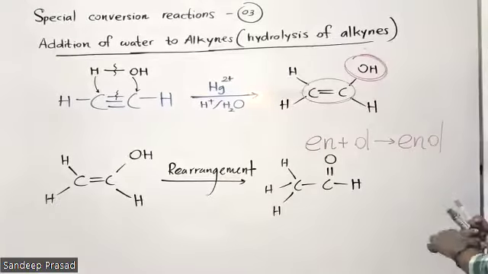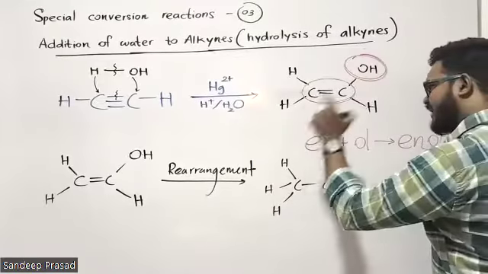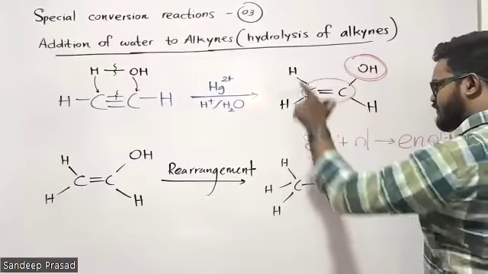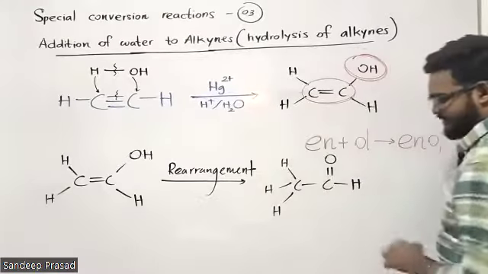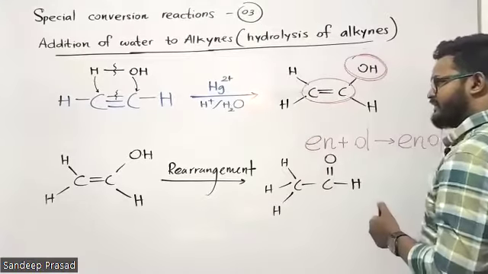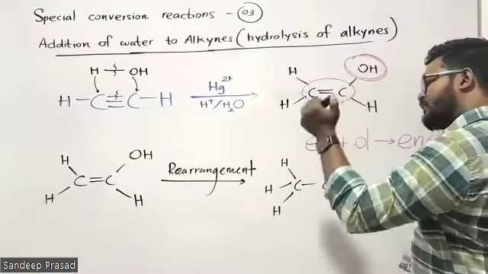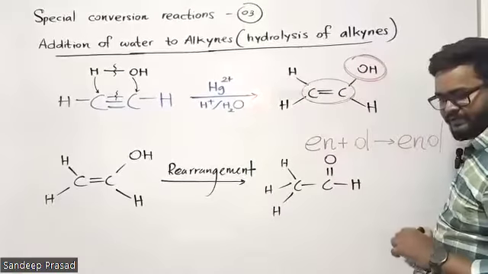Students, remember, what I want to teach you here is that the first product that we obtain by addition of water to alkynes is not a ketone or aldehyde, right? Because some students are thinking that when we add water molecules to the alkyne, it is directly converted into an aldehyde or ketone. It's not like that.